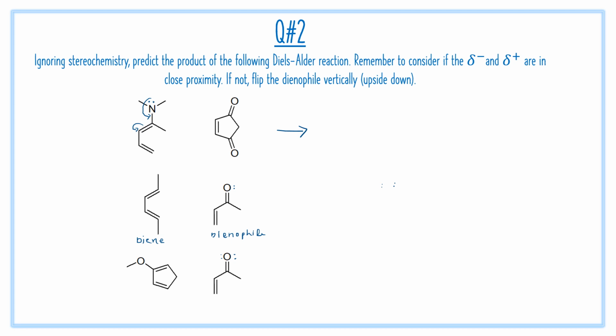First, the lone pair goes down, creating a double bond, and the double bond breaks to create an electron pair on carbon number 2. Same exact pattern on resonance structure number 2.